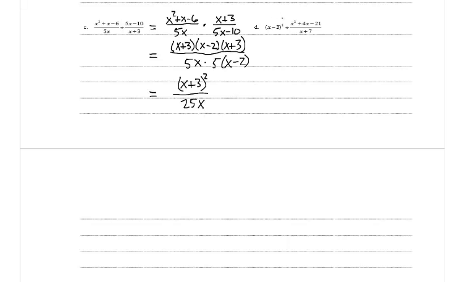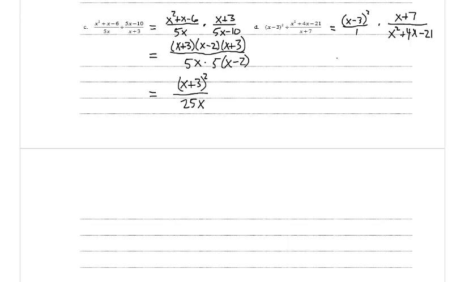In this last example, we have x minus 3 squared divided by x squared plus 4x minus 21, all divided by x plus 7. So we're going to have x minus 3 squared over 1 times x plus 7 divided by x squared plus 4x minus 21.